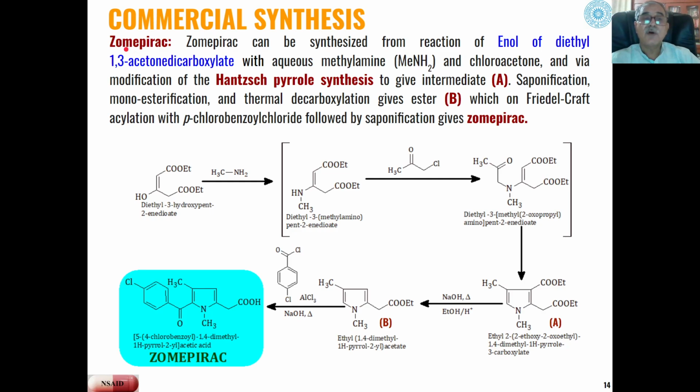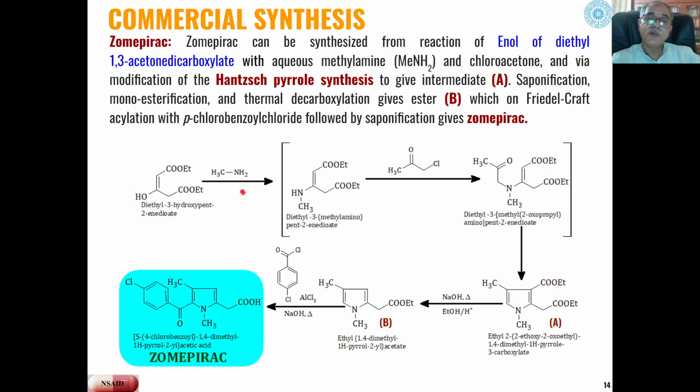The next is Zomepirac. Zomepirac can be synthesized from enol of diethyl 1,3-acetone dicarboxylate as the starting material. So when this is reacted with methylamine, this primary amino group will attack this carbon.